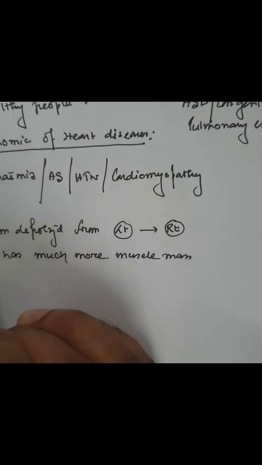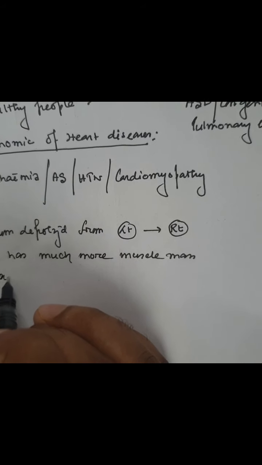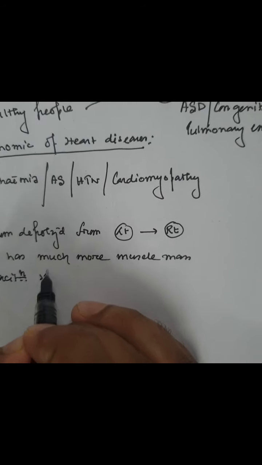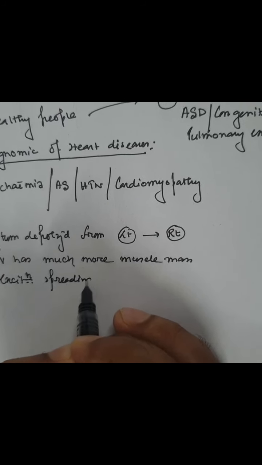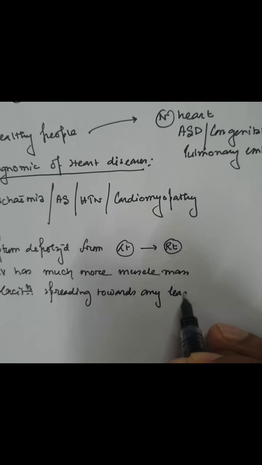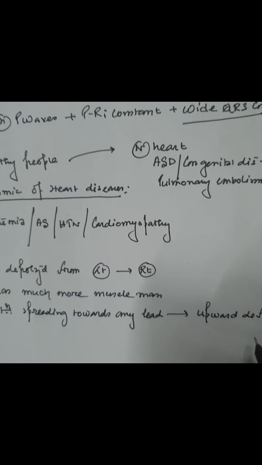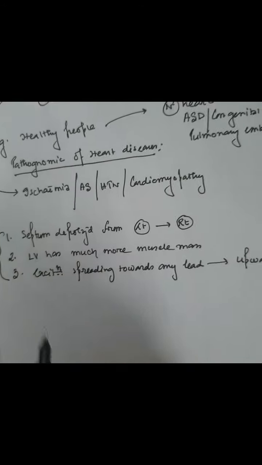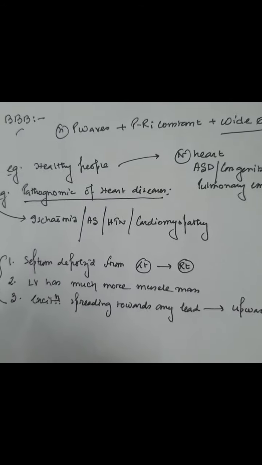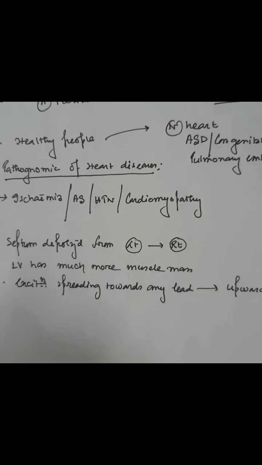And number three, the ECG machine is designed in such a way that excitation spreading towards any lead causes an upward deflection of the stylus in that lead of the ECG. So these are the 3 points by which you can easily understand how the right bundle branch block or the left bundle branch block picture will look like.